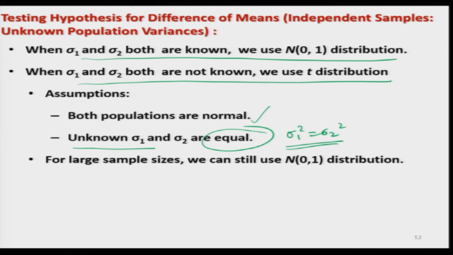Now, the question comes that in case this is not valid, then definitely we have another type of test, and that is actually called the Fisher-Behrens problem. In that problem, they have tried to address that if sigma 1 and sigma 2 squares are unequal as well as unknown, then one can conduct the test of hypothesis, but definitely there is going to be some loss in the efficiency, right.